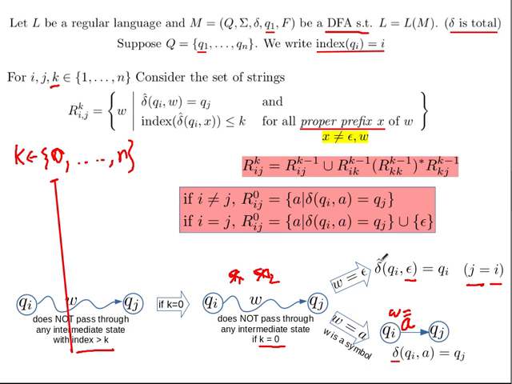So in a DFA, by the definition of this hat, you can only have qi going to qi with the empty string, or you can have this thing.